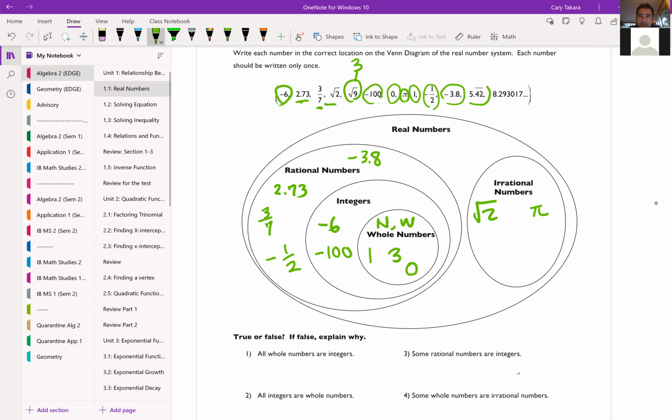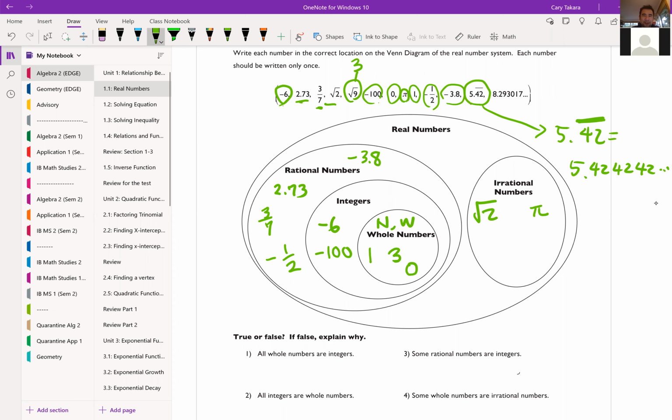But this one right here. Do you guys know the bar notation? Do you see this 5.42 and do you see the bar right there? Do you guys remember what that means? It means it repeats. It means that it is same thing as 5.424242 and then dot dot dot. Okay. So what is a repeating decimal?